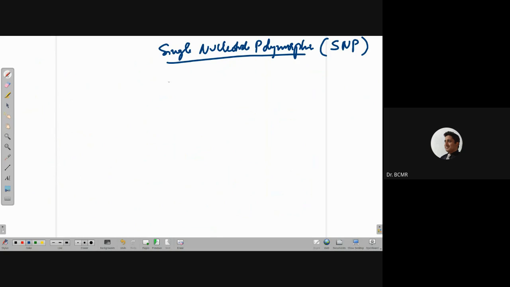Say there is a gene sequence, for example GATCA, and a DNA with the bottom strand also something like this.